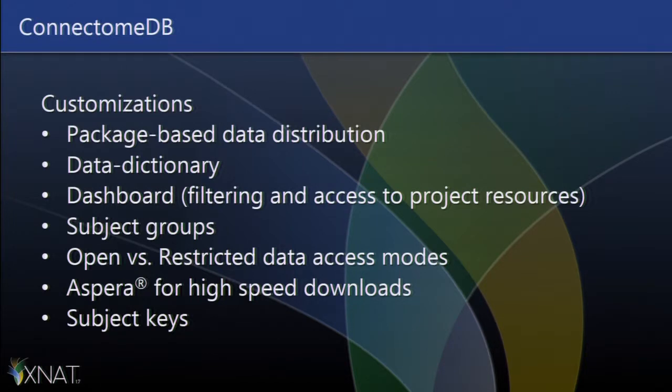The customizations for Connectome DB include a package-based distribution of data, where we organize data into many different packages, like structural pre-processed, and task pre-processed for each of the task data sets, all of the analysis.